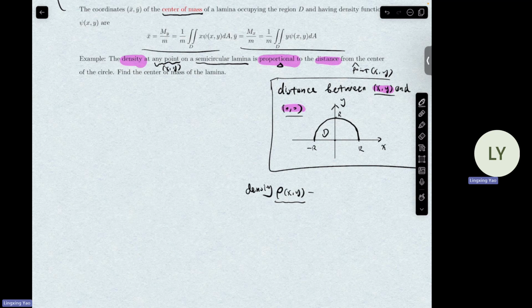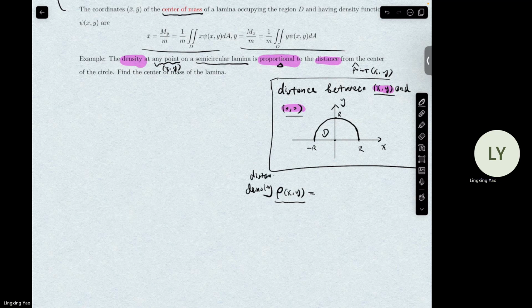This function is proportional to the distance of that particular point to the center of the circle. So how do we compute the distance?